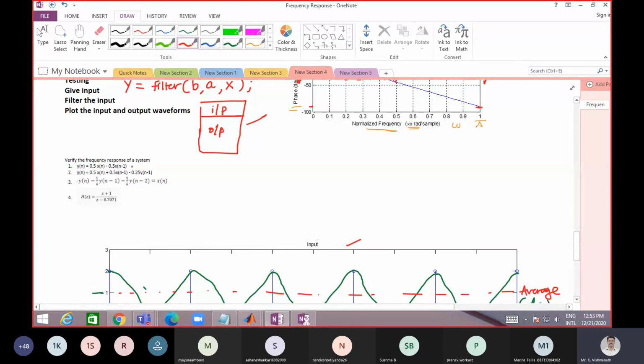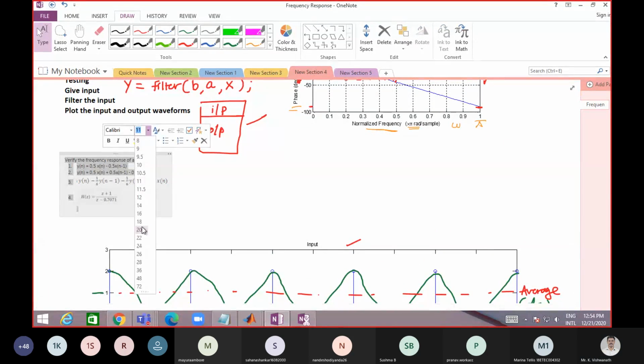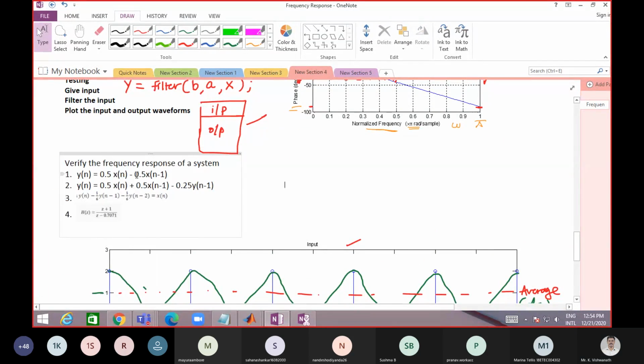That is, you consider a different difference equation. We had considered half x of n plus half x of n minus 1. You consider half x of n minus half x of n minus 1. So what is it that you are going to get?